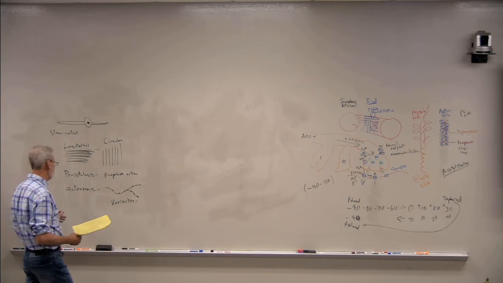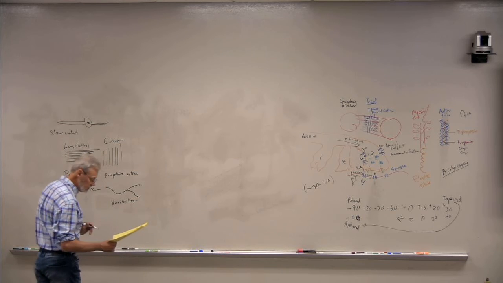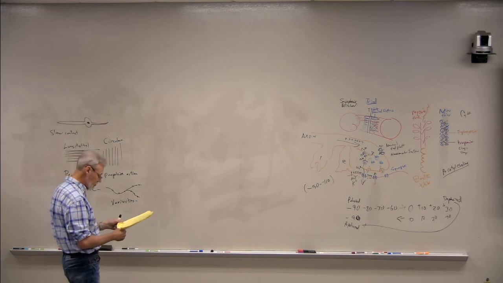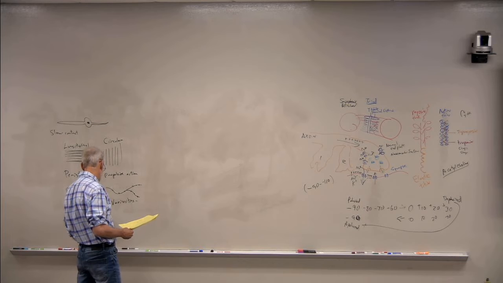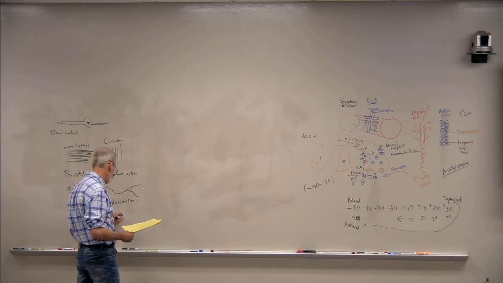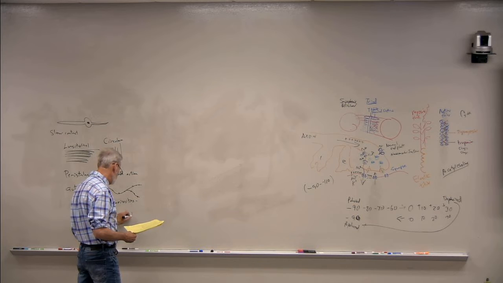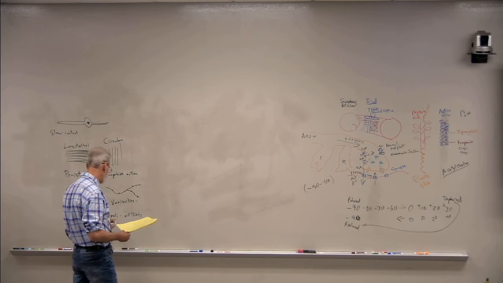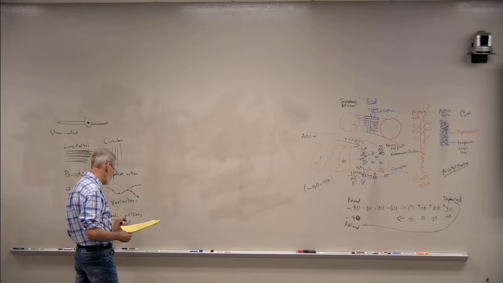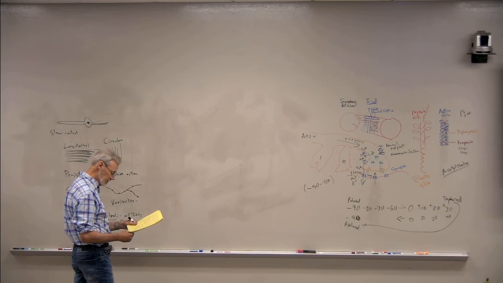Now, smooth muscle doesn't have T-tubules. They have structures called caveolae, C-A-L-V-E-O-L-I, right? Not T-tubules. And the caveolae hold the calcium. Calcium still gets things going, right?